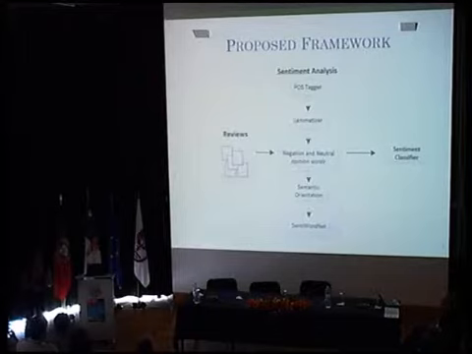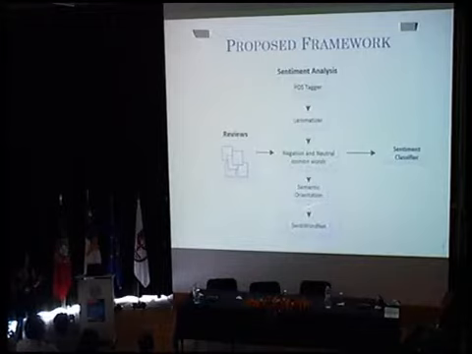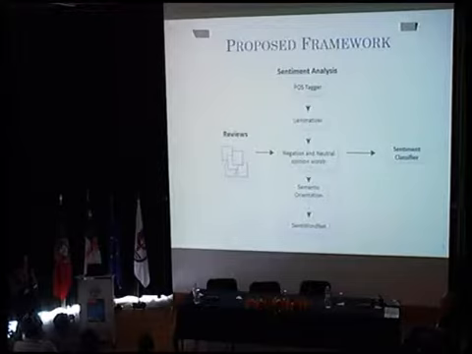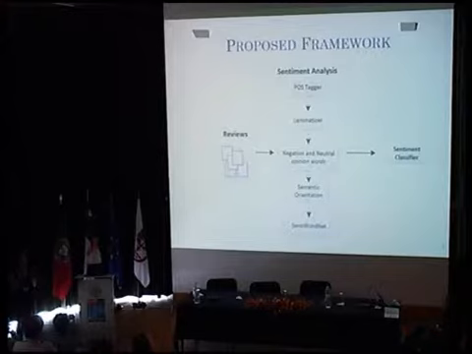So opinion words like good or excellent have different intensity values. And for that, we use the SentiWordNet lexicon. Finally, we use different classifiers and we compare them to see which one is the best option to perform this type of task.